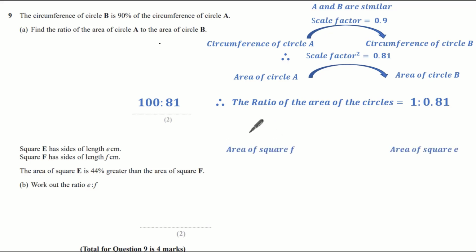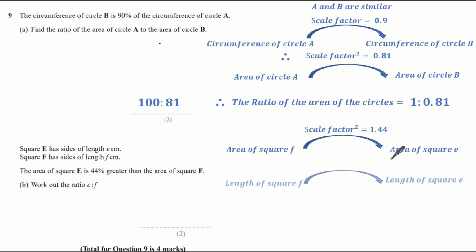So let's compare the area of square F to the area of square E. Given that the area of square E is 44% greater than the area of square F, and we're talking about area, that means the scale factor squared is equal to 1.44, because the multiplier for 44% greater is 1.44. Because it's area, this is the scale factor squared.